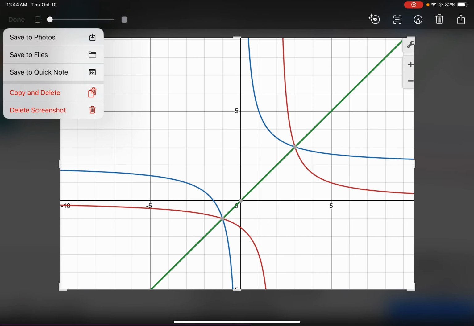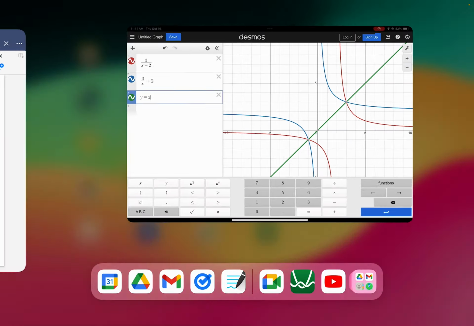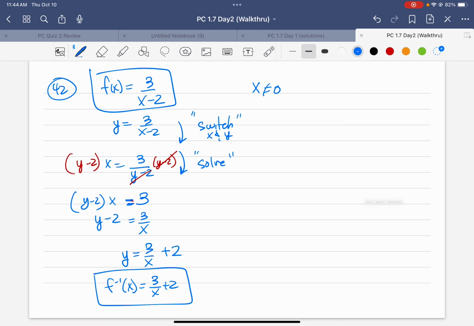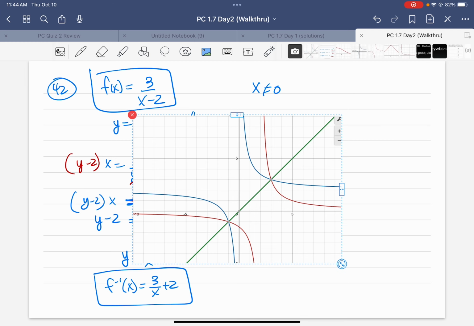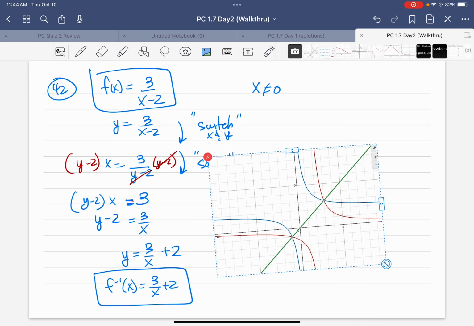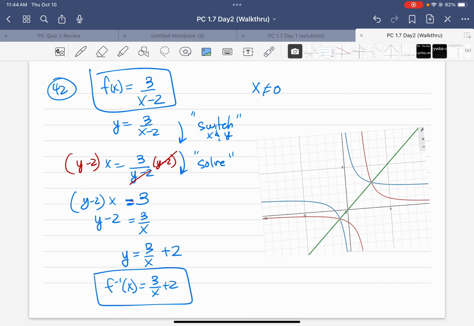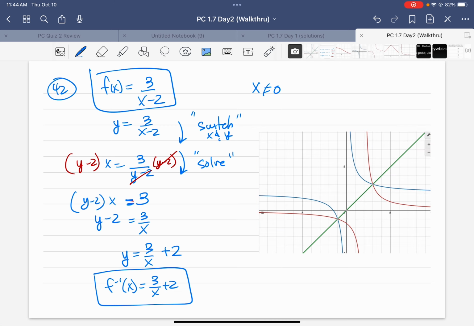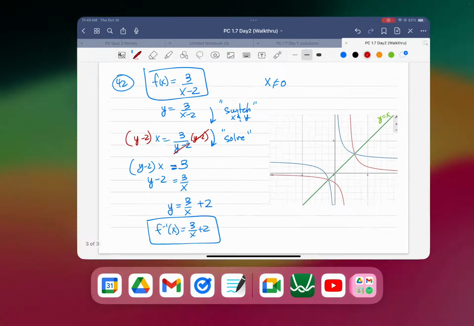So that's really what we have here. Done. Save the photos. I'm going to take it in here and just paste it right here. Looks like that. So in this case, y equals x is a mirror line. So which one is going to be my original?